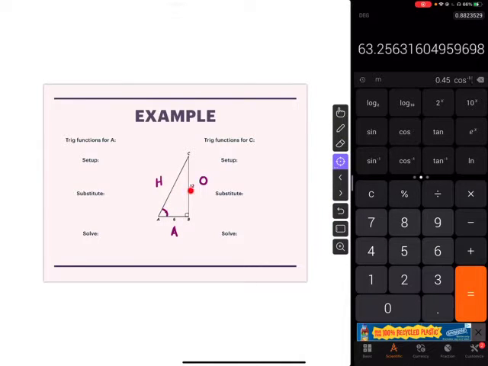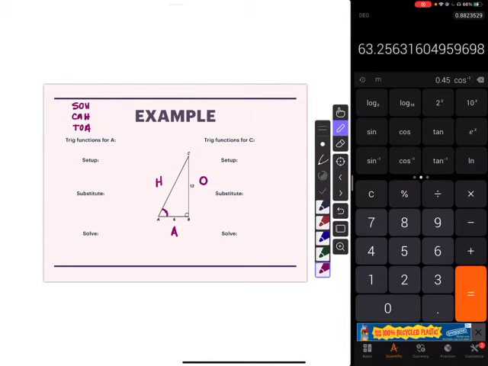And in this case, we know the opposite side and we know the adjacent side. And so then we think about our trig functions. We've got our SOHCAHTOA. Relative to A, we know the opposite, we know the adjacent, and that is clearly the tangent function.